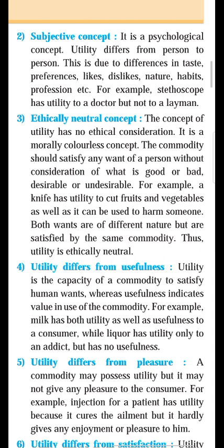Educated is also one person and illiterate is also one person, but there is a different utility. Because an educated person understands the importance of that textbook, and for illiterate people it is just a piece of paper, a scrap of paper. So different people have different utilities. This changes from person to person.